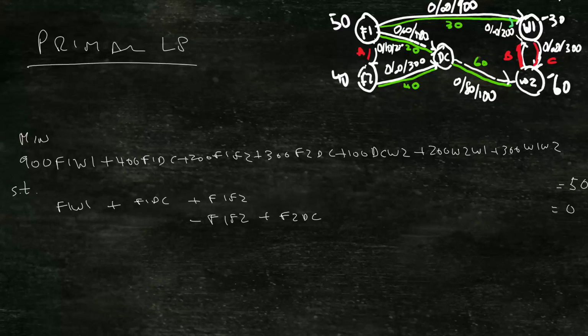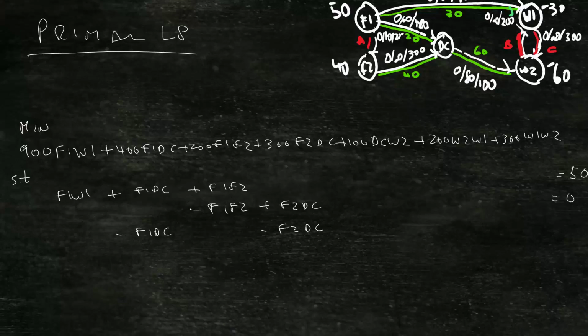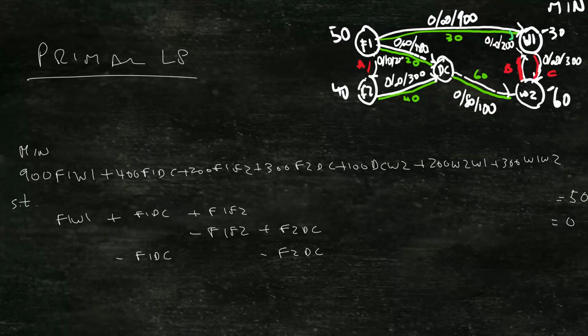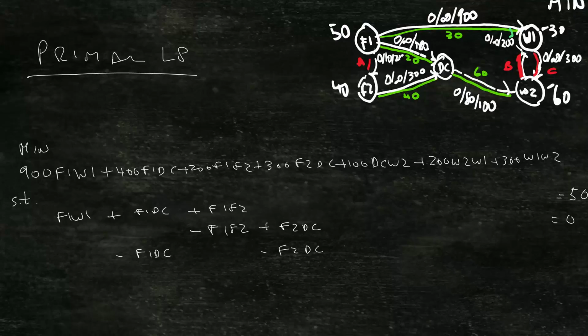It's minus F1DC minus F2DC plus DCW2, sorry, has to be equal to 0.